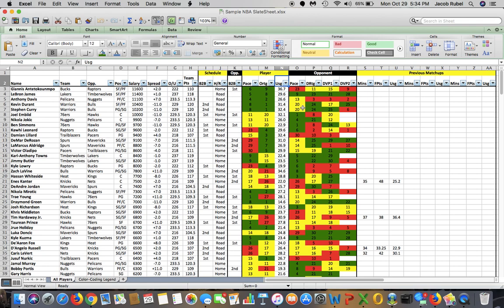So usage has no impact on the defensive end. So players who get a lot of steals and blocks or rebounds, that doesn't impact their usage. So that's certainly important, obviously, having rebounds and steals and blocks.